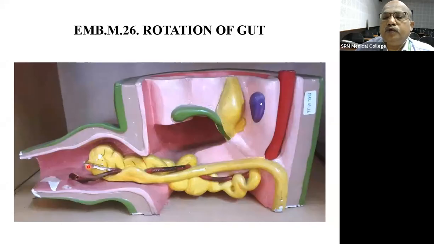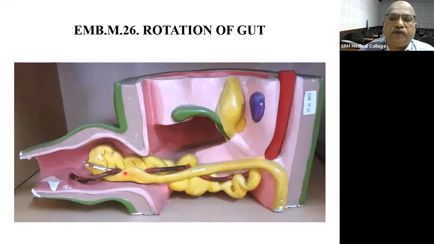During that rotation, due to want of space, a small part of the intestine or midgut loop is getting herniated into the umbilicus. So naturally it happens. That's why it is called physiological hernia.